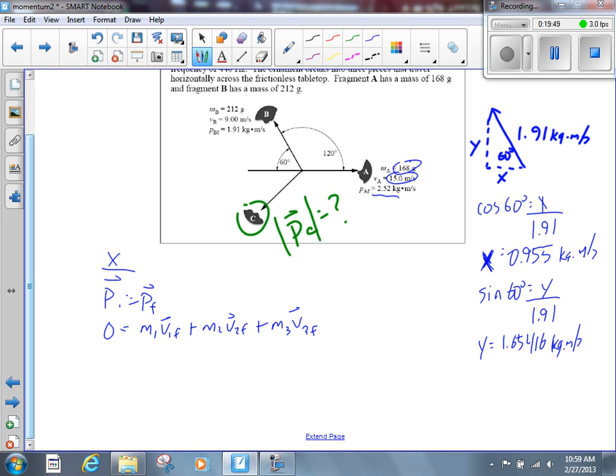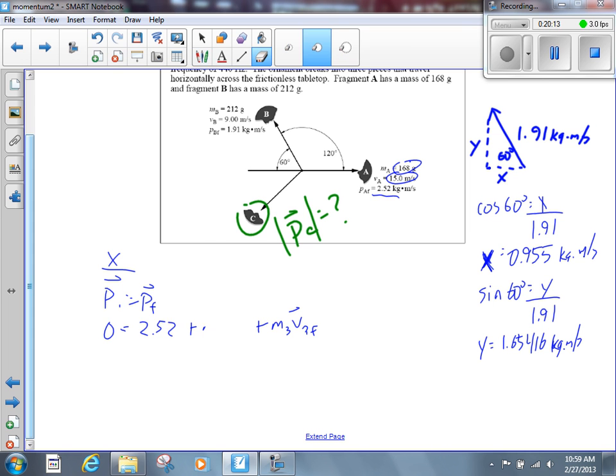They're giving us the momentum. So we don't need to bother writing m1, v1 and multiplying those together. We already have the value of m1, v1. The value of m1, v1 final is 2.52. The value of m2, v2 final for the x component is 0.955.